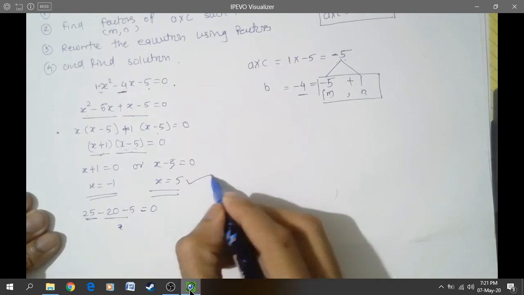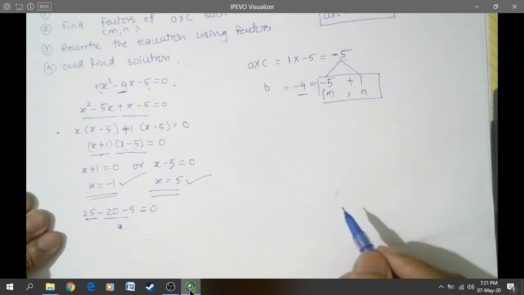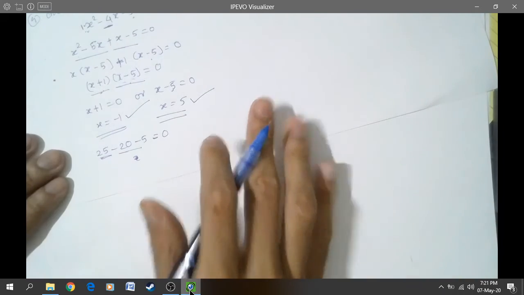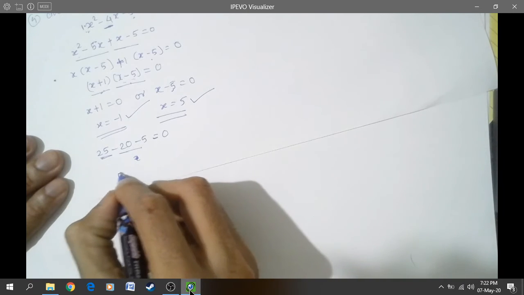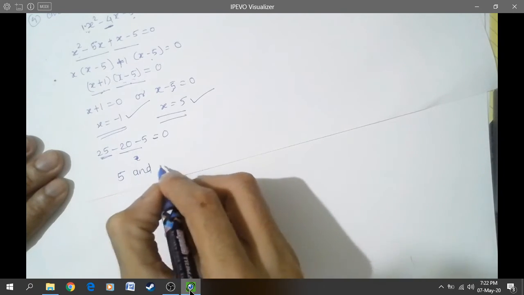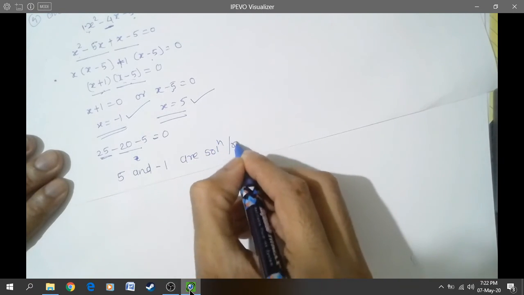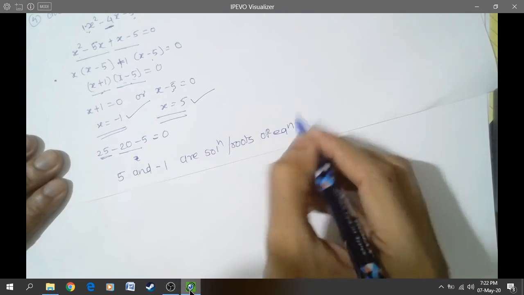So it is a solution of our quadratic equation, and x is equal to minus 1 is also a solution of our equation. So we can write that 5 and minus 1 are solutions or roots of the equation.